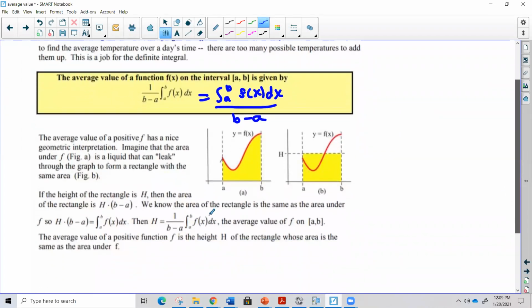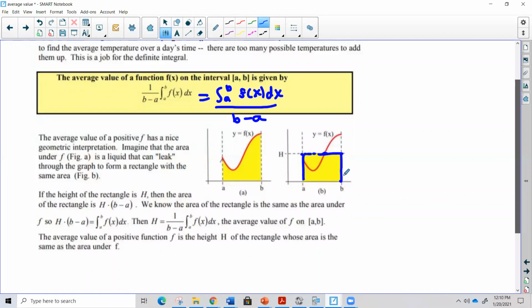Geometrically, if this is my graph of my function, we're trying to find the average height over this interval from a to b. If you found that average height, which is the average value, then the area of the rectangle with this height between a and b is going to be the exact same as the area under the curve.